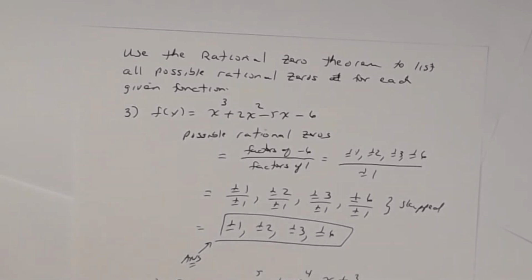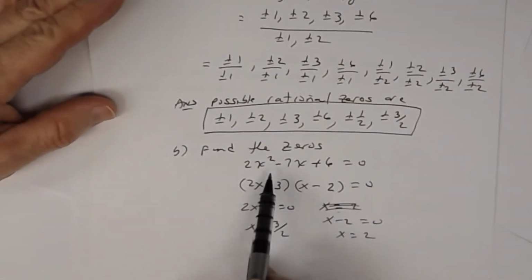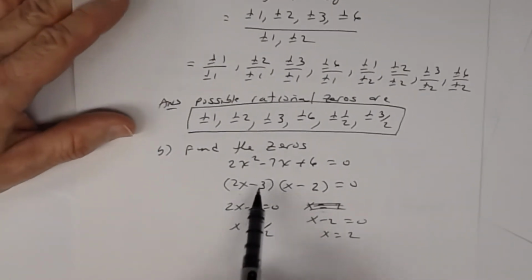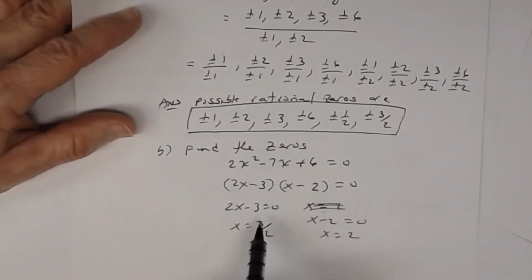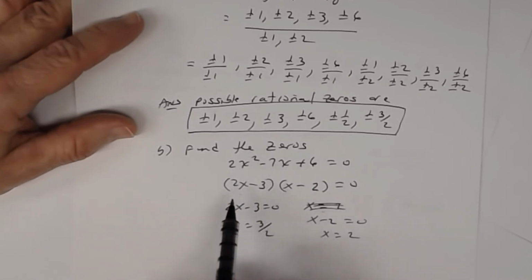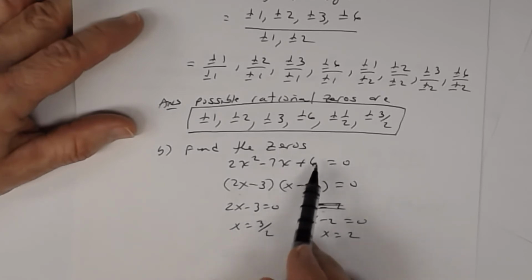It kind of makes sense because if we go back to that very simple example, example 2, and look at the rational zeros 3 halves and 2, 3 is a factor of the constant term, and 2 is a factor of the leading coefficient, right? Over here, 2 divided by 1, 2 is a factor of 6, and 1 is a factor of 2.